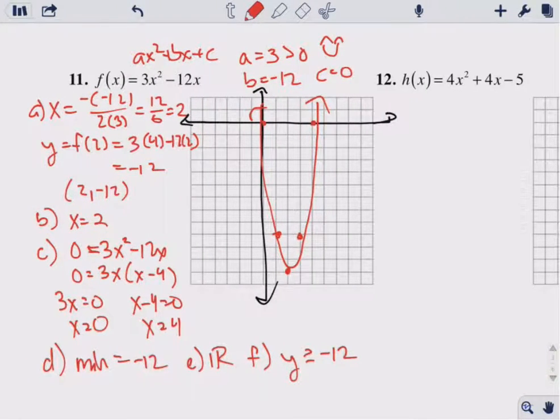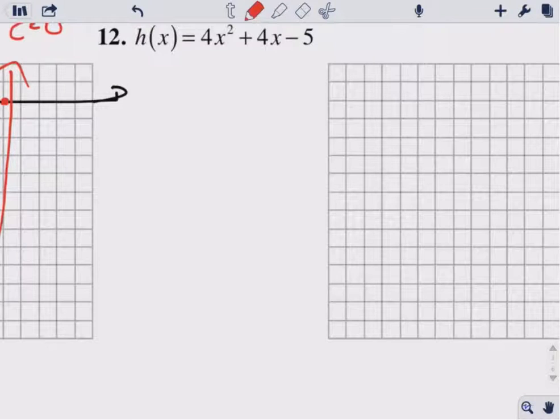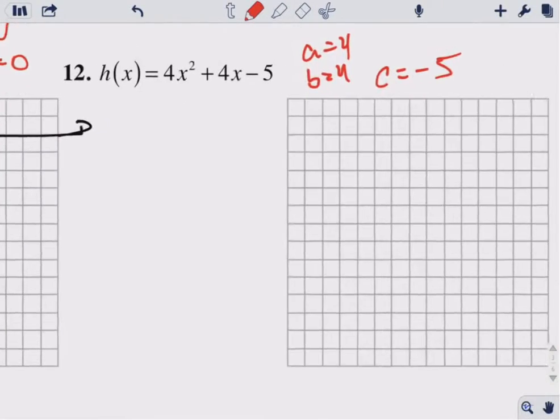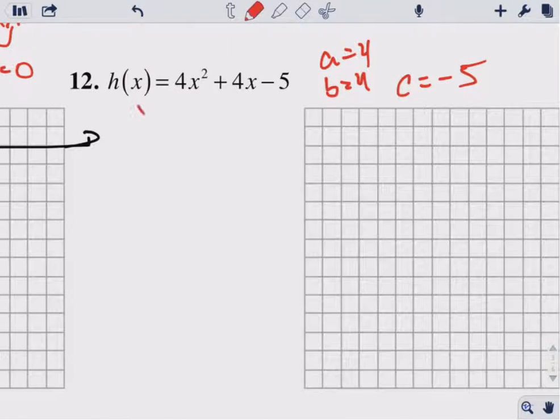Okay, and let's do 12. So a is equal to 4, b is equal to 4, and c is equal to negative 5. Okay, so find the x-coordinate of our vertex. x is equal to negative b over 2a, negative 4 over 2 times 4, which is negative 1/2.